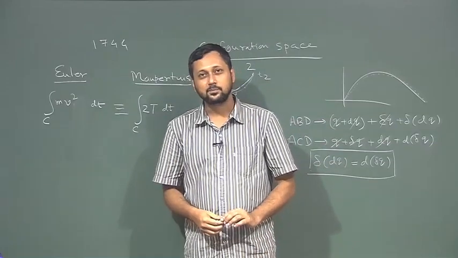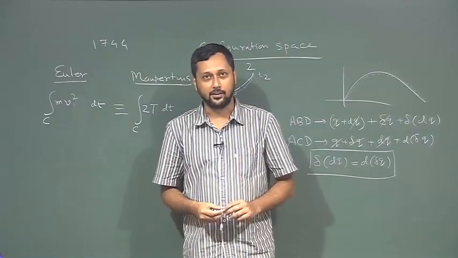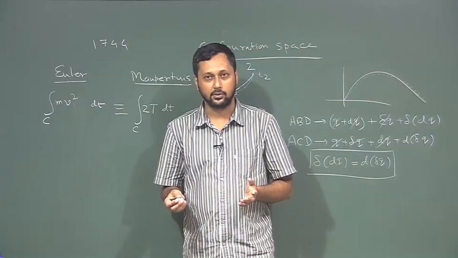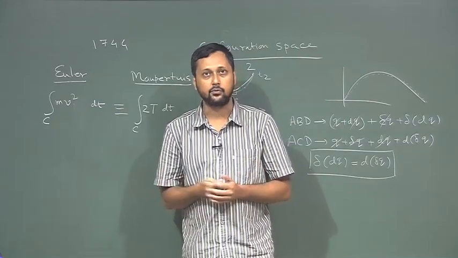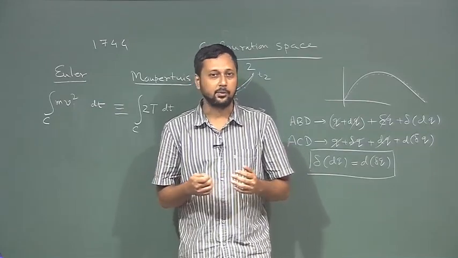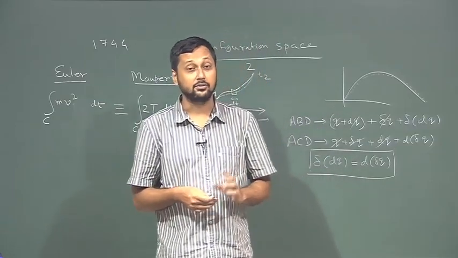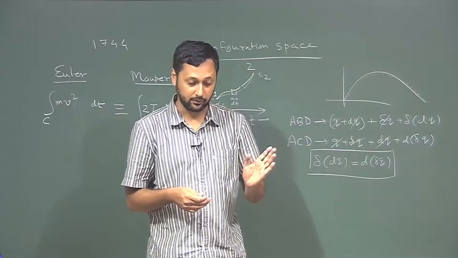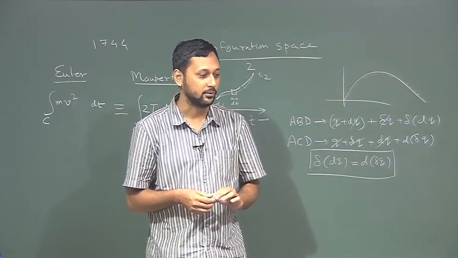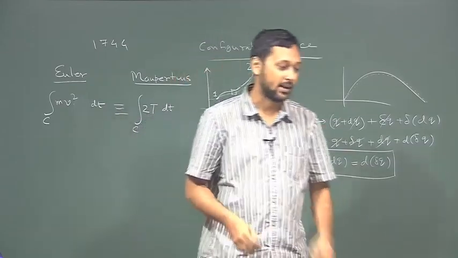But then we have to wait for another 100 years. Then Lagrangian dynamics was formulated, and people started working on it more and more, and then came this very famous Irish scientist, Sir William Rowan Hamilton.